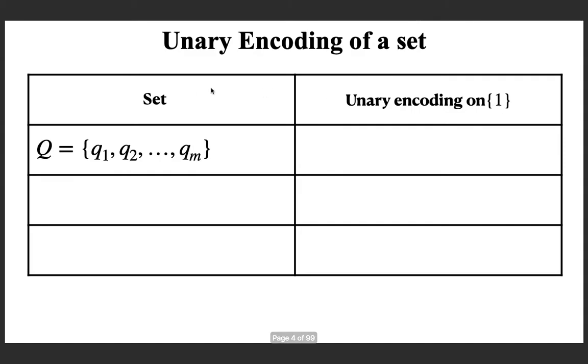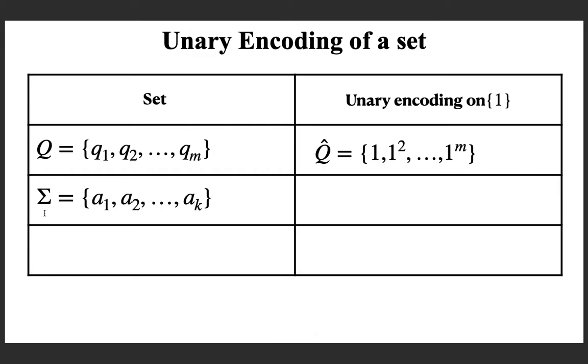For example, suppose you have a set of states Q with m states, from Q1 to Qm. The unary representation of Q1 is 1, Q2 is 1 raised to 2, that is two 1s, and likewise Qm is represented by 1 to the power m, a string of 1s of length m. So the first element is represented using 1, the second using 1 1, the third using 1 1 1, and so on.